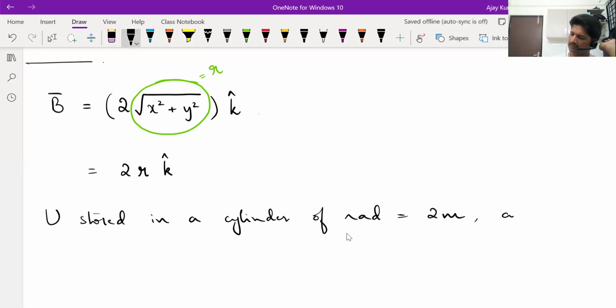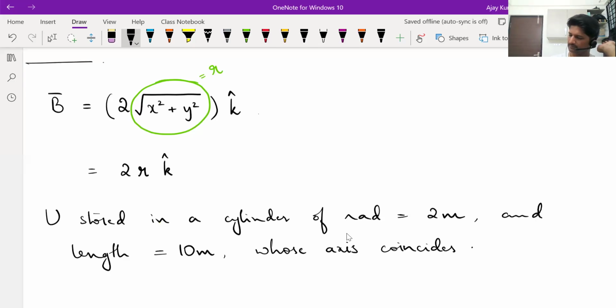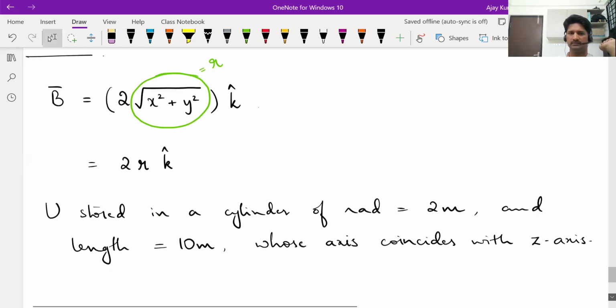Radius 2 meters and length, let's say 10 meters, whose axis, the cylinder's axis, coincides with the z-axis. I want you all to find out the amount of energy stored in this cylinder.